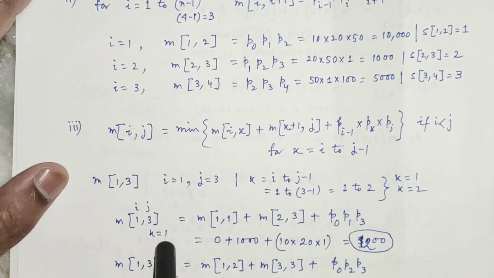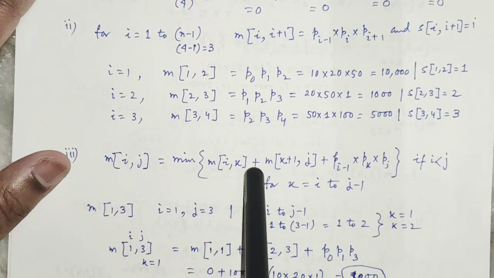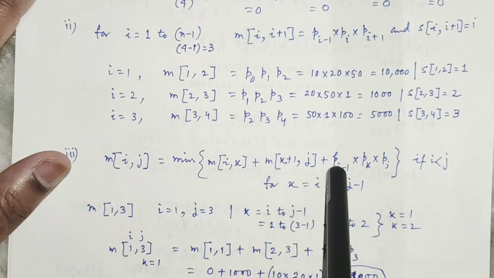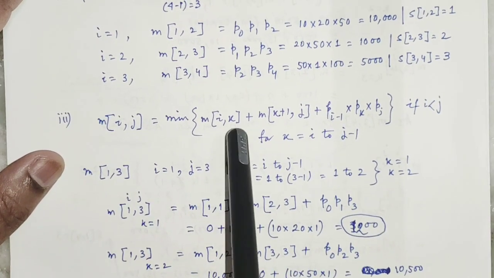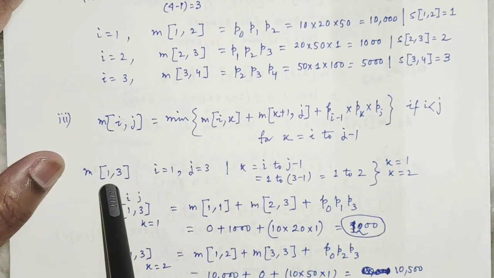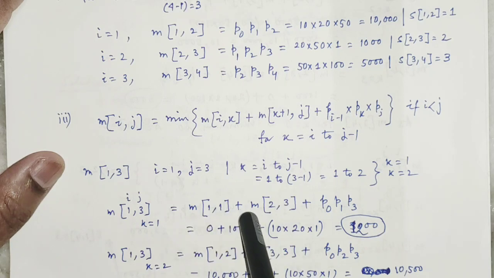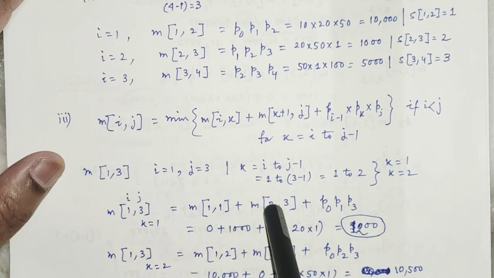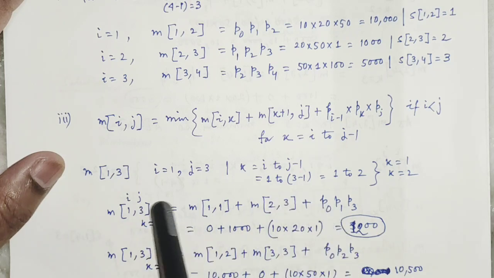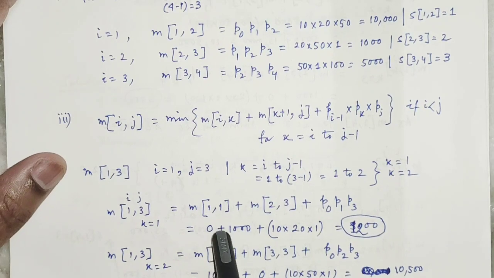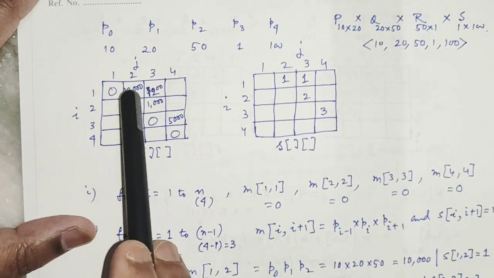So apply 1 here. The formula is m of ik plus m of k plus 1 comma j plus this one. So when k equals 1, it is m of 1 1, plus m of k plus 1 comma j, that is m of 2 3, plus p of i minus 1, that is p of 0, into p of k, that is p of 1, into p of j, that is p of 3. M of 1 1 is 0, because the principal diagonal is 0.